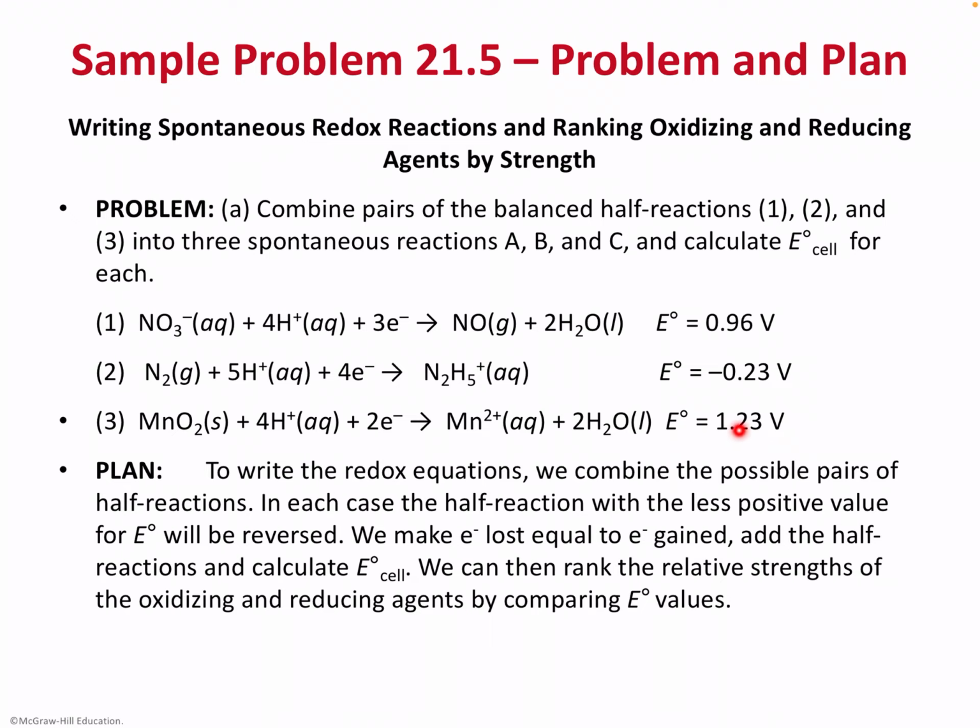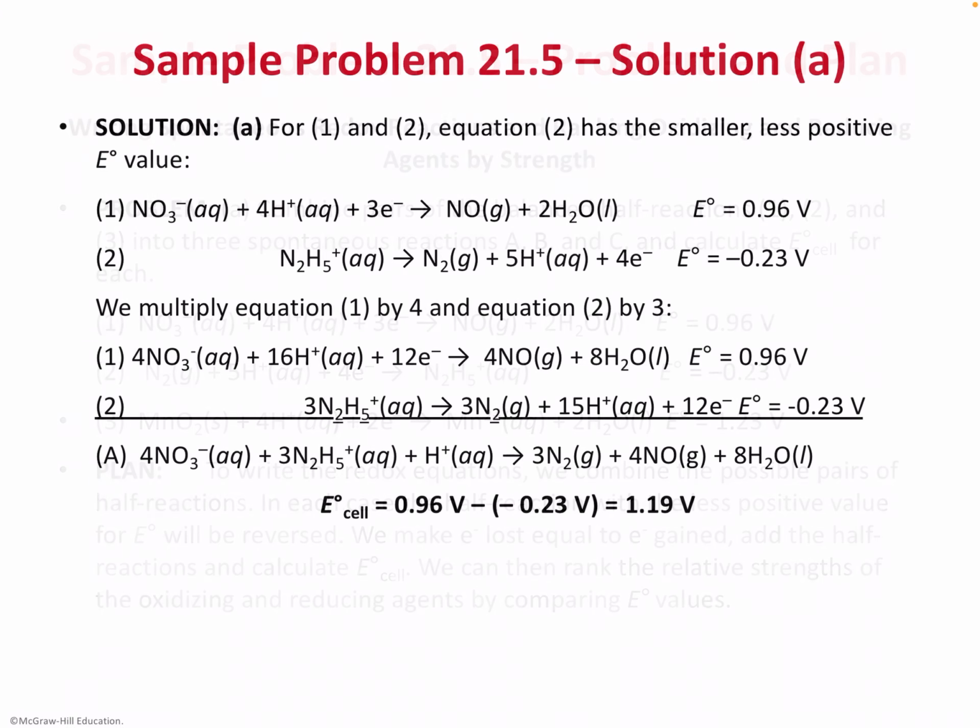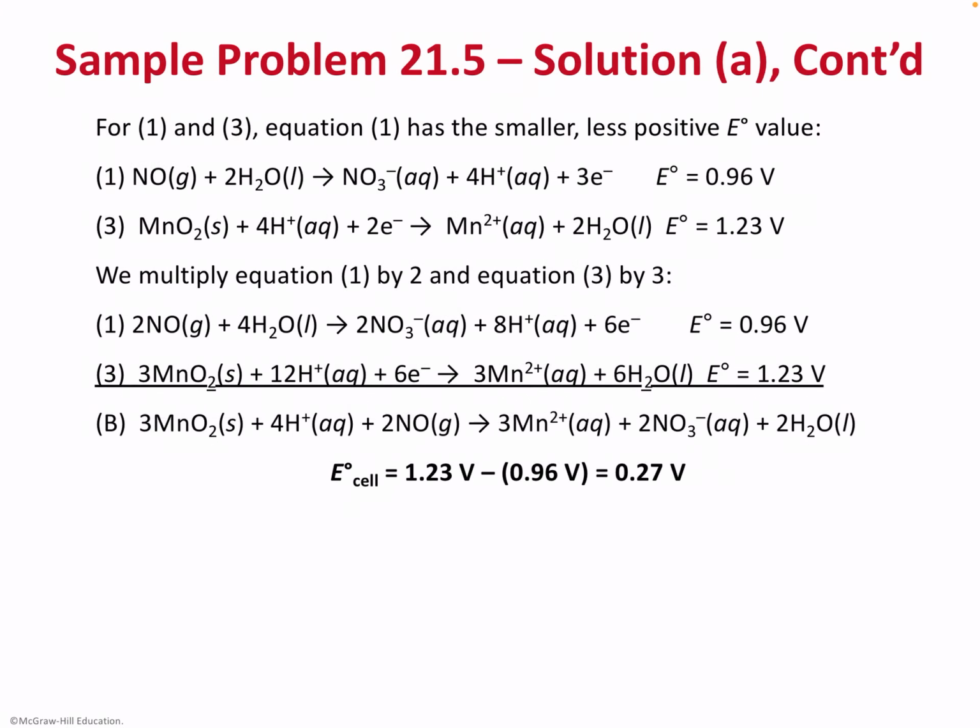So then the reduction would be 1.23 and the oxidation would be 0.96. So 1.23 minus 0.96 will give us a positive value when you calculate the E naught, right? Okay. For 1 and 3, equation 1 has a smaller, less positive value.